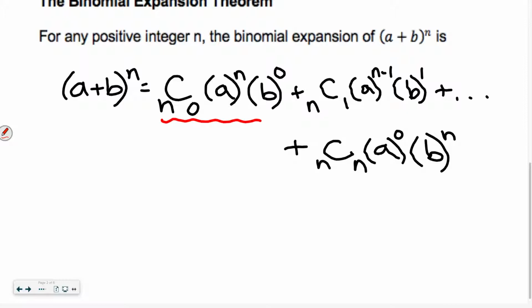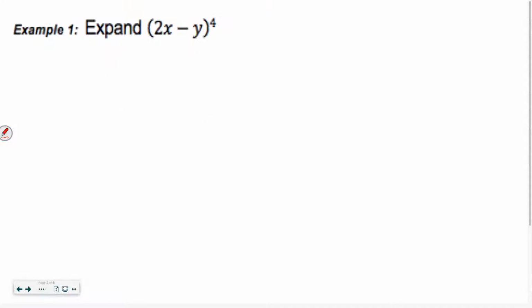And then if I need to expand the full binomial, I can just follow my old patterns that we talked about back with polynomials. I'm going to go up by 1 here. My exponent is going to decrease, and this exponent is going to increase. So let's do the example so we can see this with actual numbers.